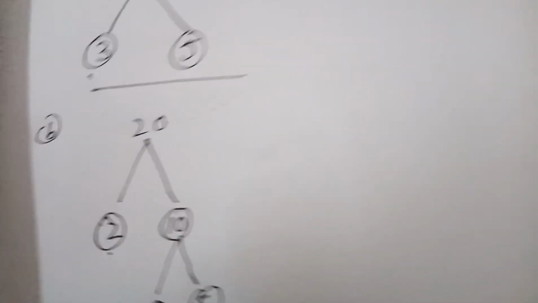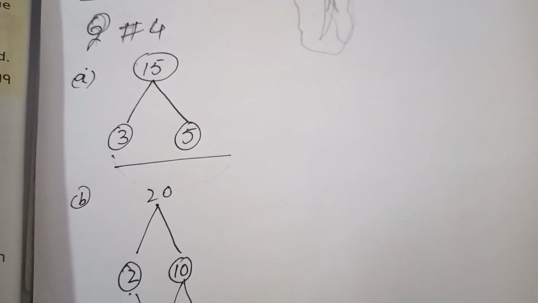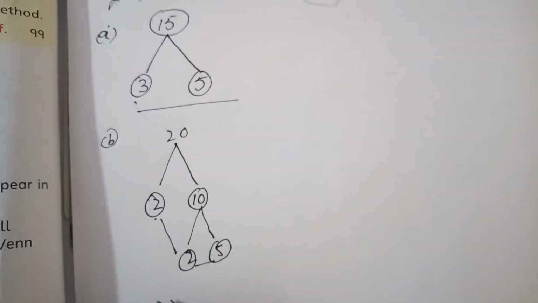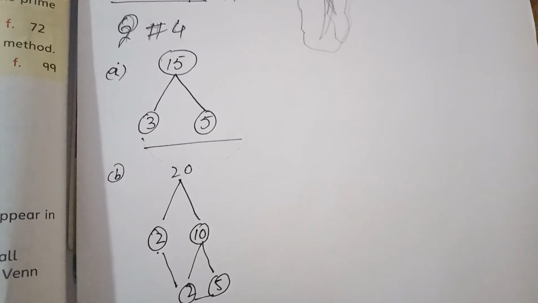So what are the prime factors of 20? 2 twos are 4, 4 fives are 20. These are the prime factors of number 20. In the same way, you can do the other parts.